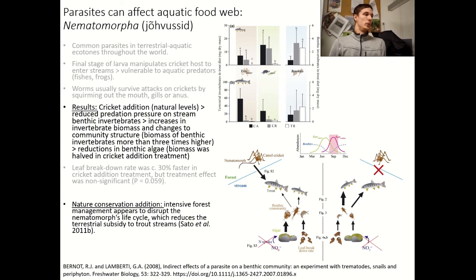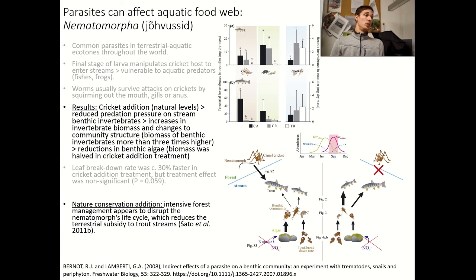And that way the predation pressure on the stream benthic invertebrates decreased, because fish now did eat the crickets and other terrestrial invertebrates. And the biomass of stream benthic invertebrates increased more than 3 times, and also the community structure changed. And since there were more benthic invertebrates, they foraged more benthic algae, and then the biomass of benthic algae was reduced by half.